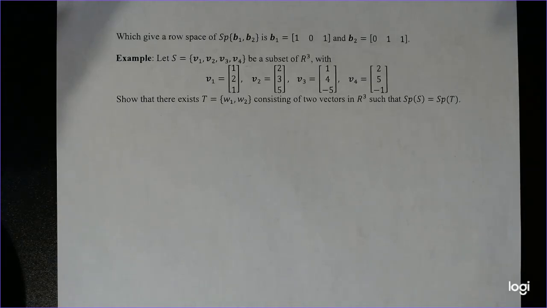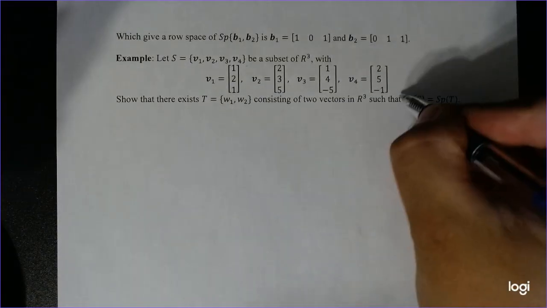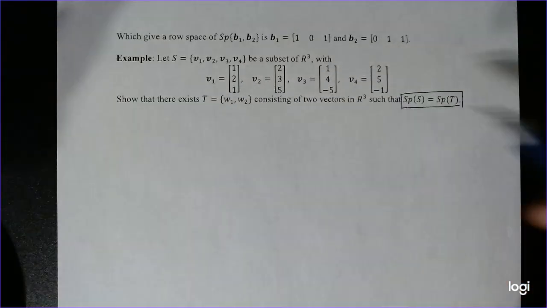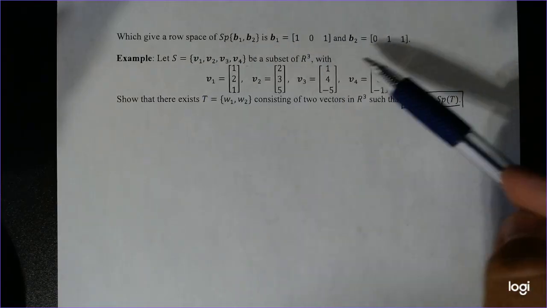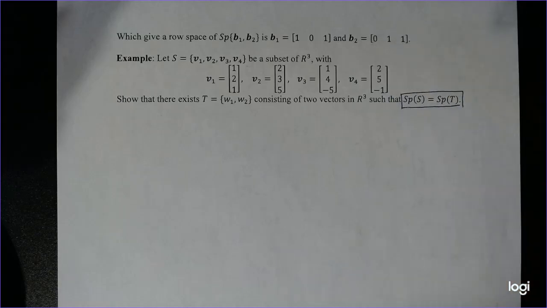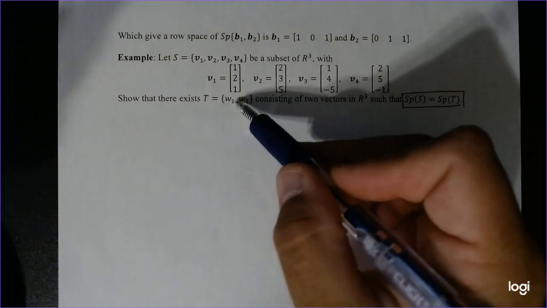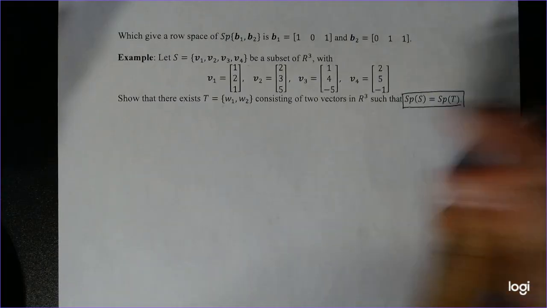We want to show there exists a subset T with vectors w1 and w2, consisting of only two vectors in R3, such that the span of my vectors above equals the span of these two vectors. In other words, we want to find the span of these four vectors and show that it actually only comprises two vectors, and then eventually show that this is actually the same. We've got to find those two w's and see that they're actually the same.